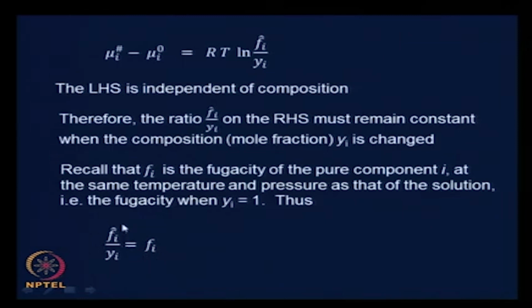f_i hat is the fugacity of the component in the solution, and f_i is the fugacity of the pure component when y_i equals 1, and therefore in such a case f_i hat can be written as y_i times f_i, which became powerful because we could get an estimate of f_i hat, not so easy to determine quantity, as a function of y_i and the fugacity of the pure component.